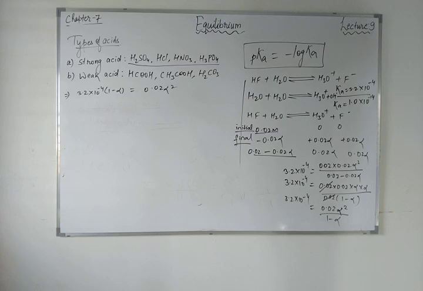So as you obtain this equation, you will get 3.2 into 10 to the power minus 4 minus 3.2 into 10 to the power minus 4 alpha equals 0.02 alpha square.